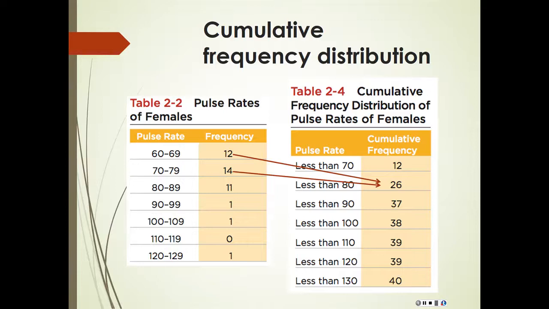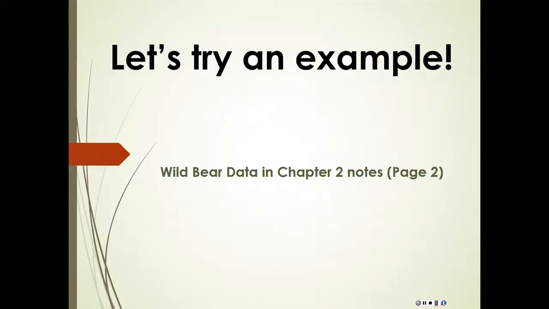So all 40 of the women had pulse rates less than 130. Okay? The last value of your cumulative frequency table is the number that was in your sample to start with, because you hit all the sample at that point. So now we're going to do another example.